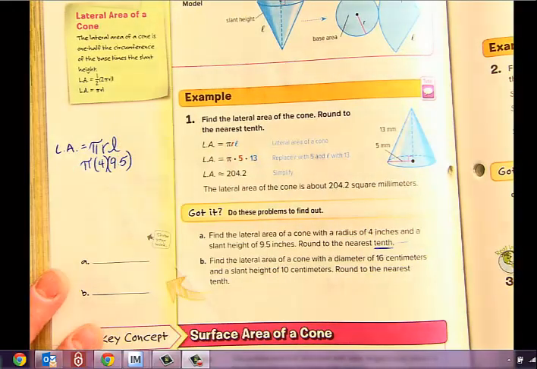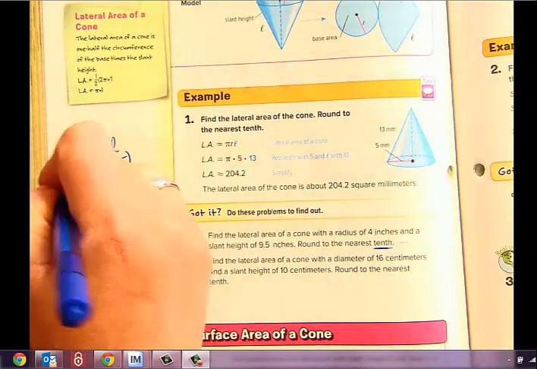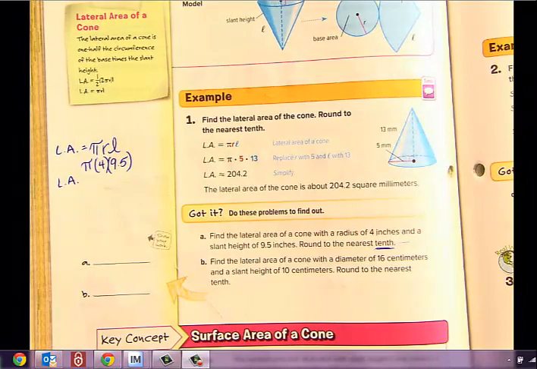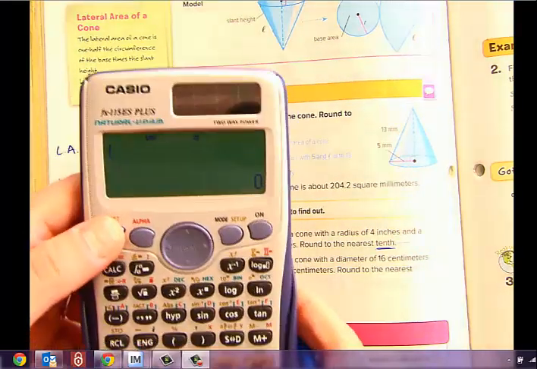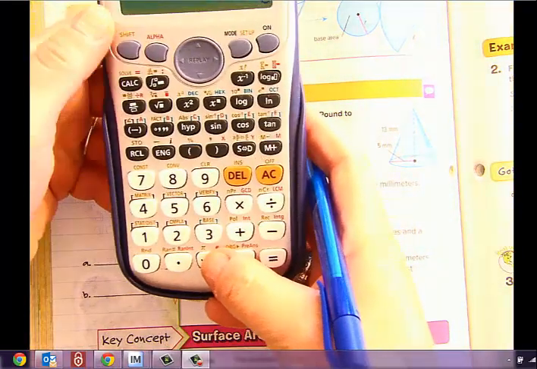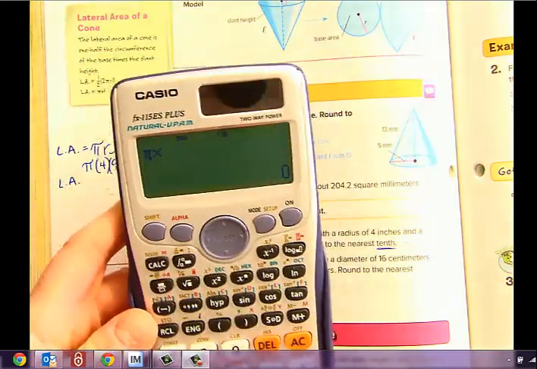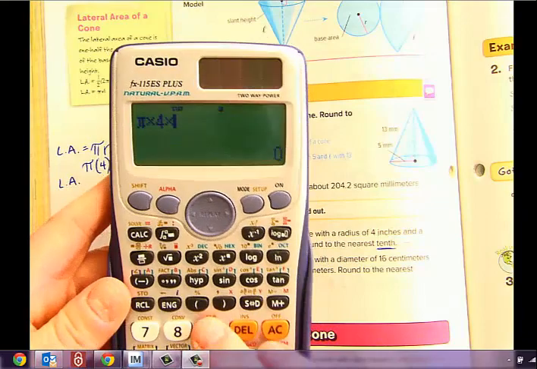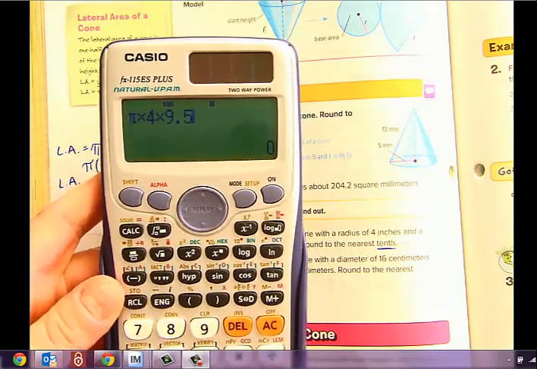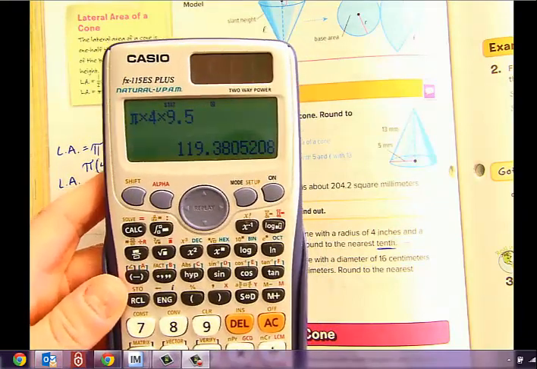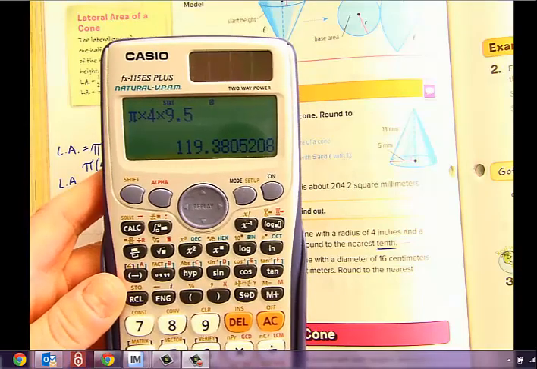My third line is where I put it all together. I multiply it all out at one time, so I take pi times 4 times 9.5. I can do it all together because it's all multiplication. And my answer is 119.38 and so on.